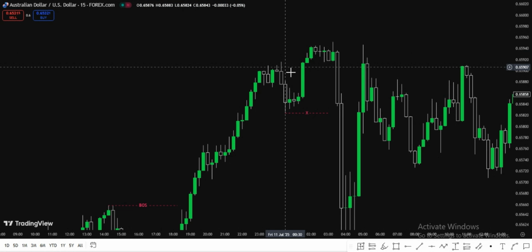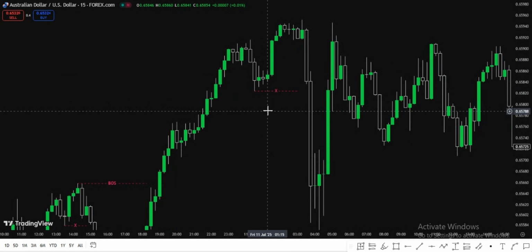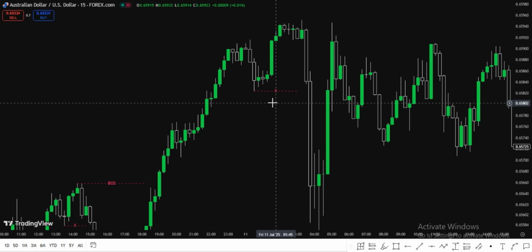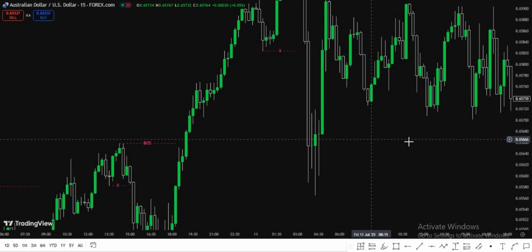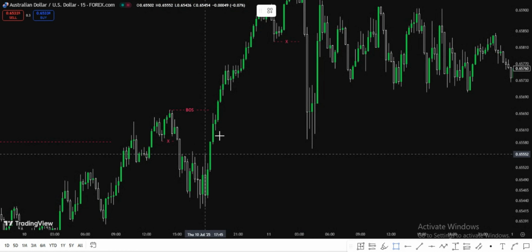So this move made for us an inducement. Where? Here is the inducement. So where can we plan for a buy? After taking this we can plan for a buy.